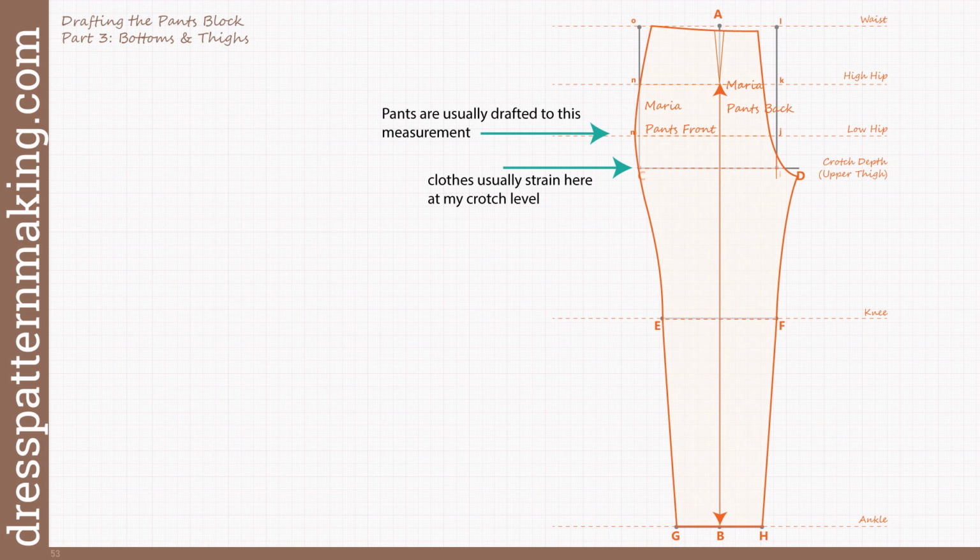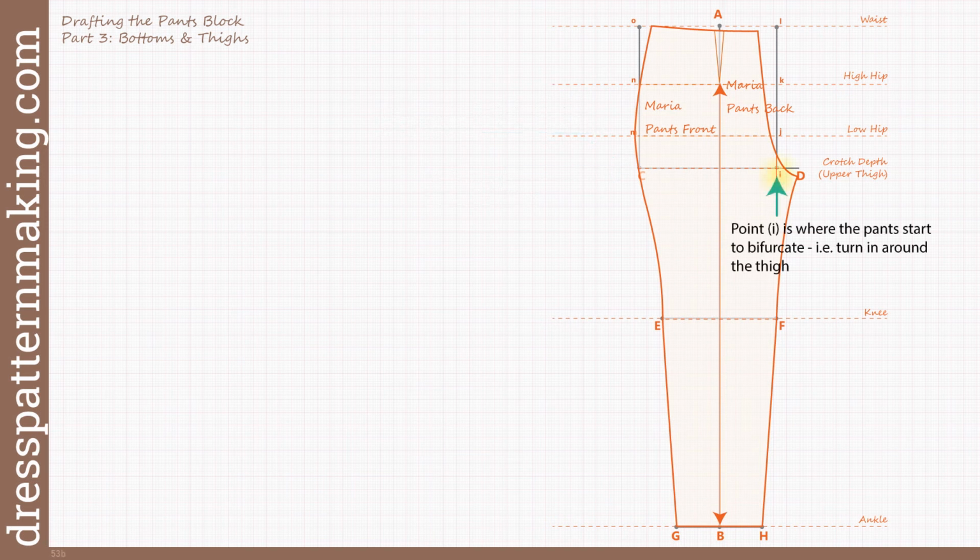Pants are usually drafted to fit the hip, which is 2 inches above the crotch. So in ready-to-wear clothing, if it fits my hip and I'm larger down in the crotch, then obviously it pulls around the crotch. Now point I is where the pant starts to bifurcate, as in it reaches the middle of my body, starts to turn in around my leg and goes between my legs.